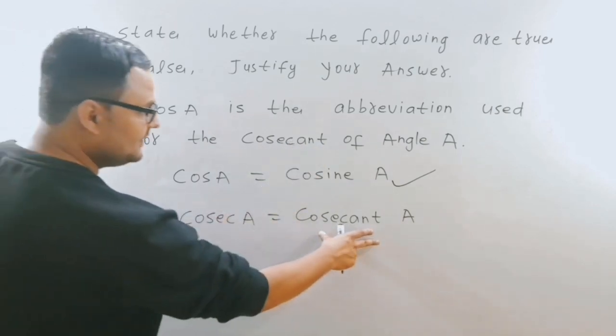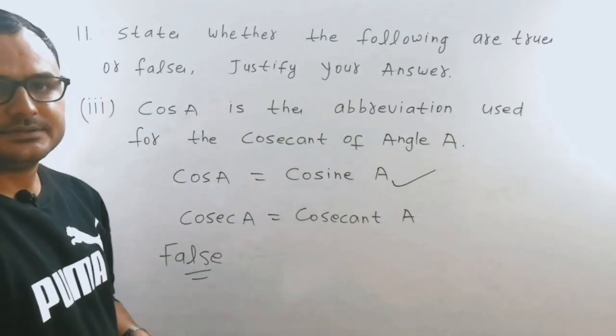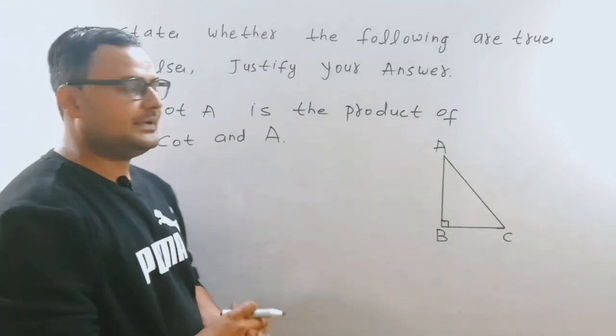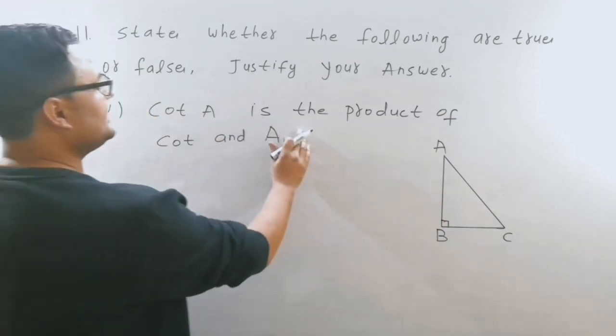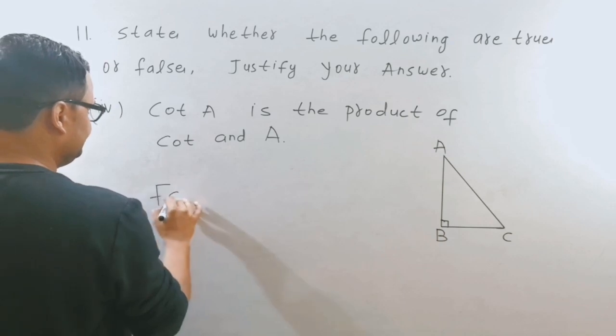Cosec A is equal to cosecant A. That's why the third one is false. That is wrong.